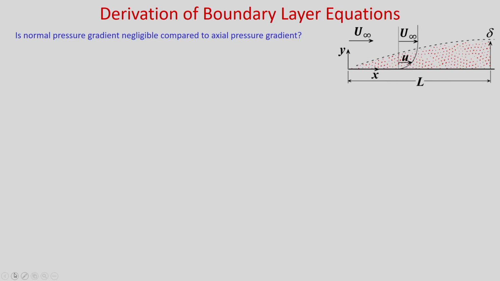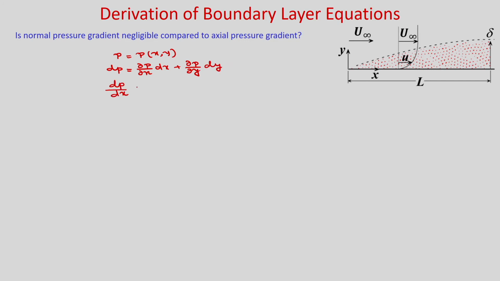Okay. So, now you can see for 2-dimensional flow, P is a function of x and y. So, you can write dP is equal to del p by del x dx plus del p by del y dy. Now, you can write dP by dx.